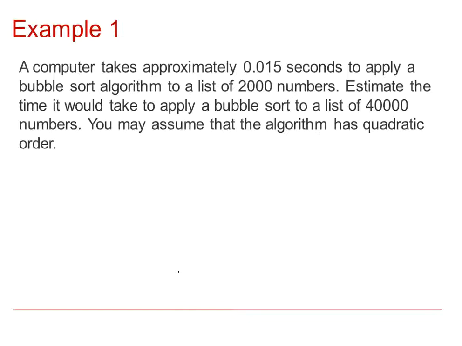So here we have an example. A computer takes 0.015 seconds to apply a bubble sort algorithm to 2000 numbers. Estimate the time it would take to apply a bubble sort algorithm to a list of 40,000 numbers. You may assume the algorithm has quadratic order. The size of the original problem was 2,000 items.